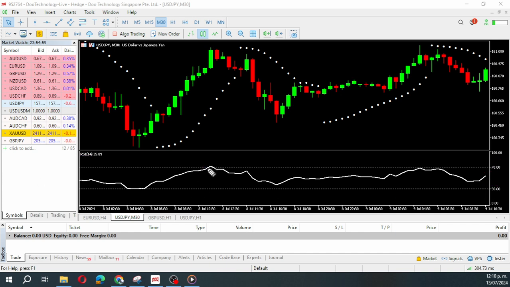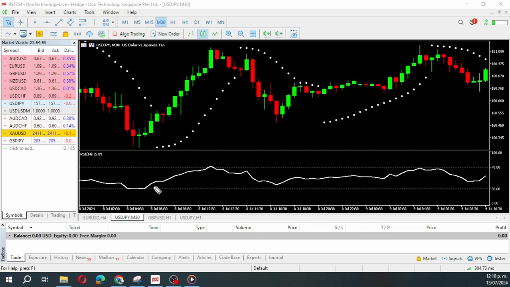So in this case it is above the 17 area, and of course the price shows to us this kind of movement, right? So also the RSI maybe can show to us some false signals, right?